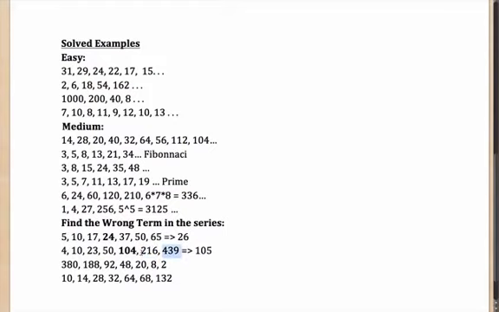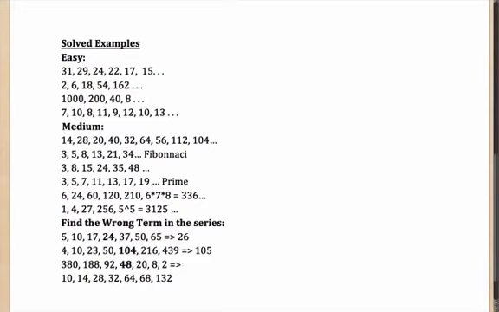So that was the pattern that you needed to observe. 380, 188, 92, 48, 28, 2. Try observing the pattern again. The pattern here is very similar to the one above. Half minus 2. 380 half is 190, minus 2 is 188. 188 half is 94, minus 2 is 92. 92 half is 46, minus 2 should have been 44.